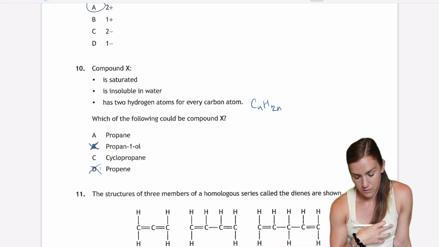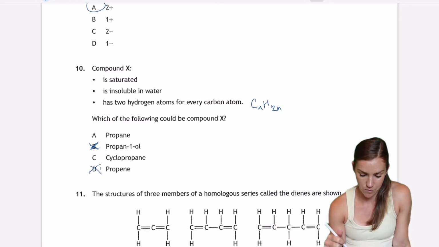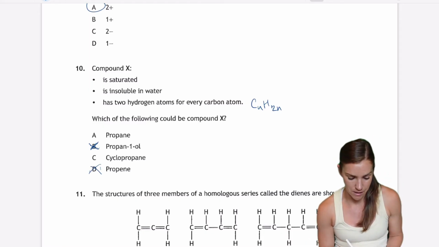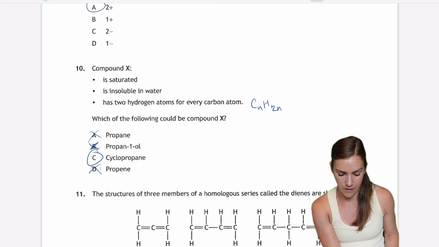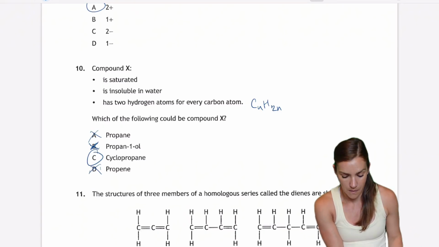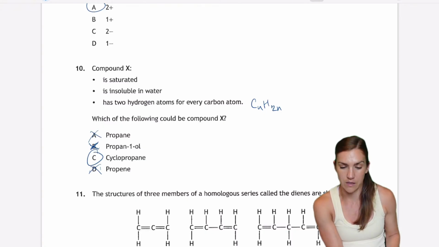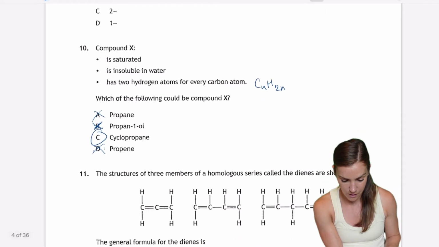We know that it's not an alkene because we've already done the saturation bit, so it has to be a cycloalkane, so it's got to be C. Propane would fit CnH2n+2. Propan-1-ol wouldn't fit that either because the general formula for alcohols is CnH2n+1OH. So yeah, only the cycloalkane fits the CnH2n along with the saturation information.